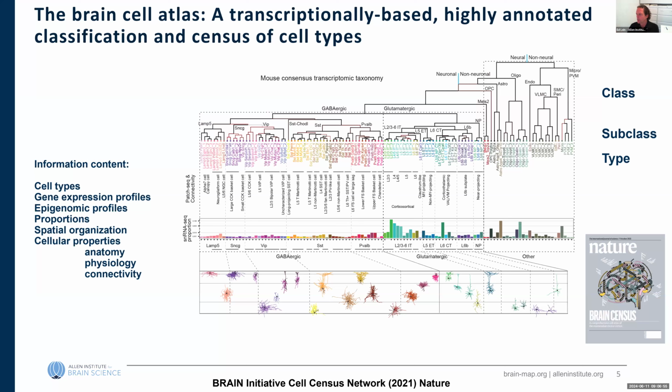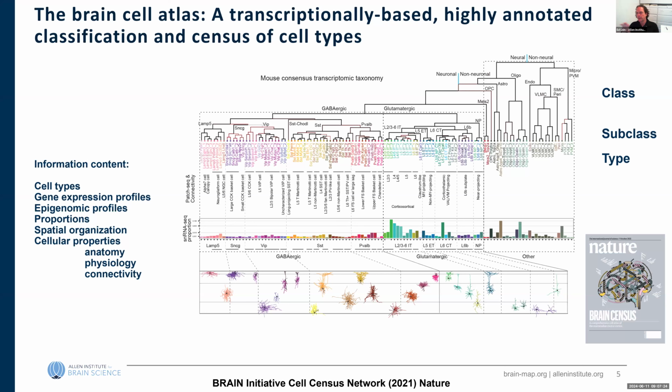In the primary motor cortex, for example, it was possible to define over 100 types of cells that could be described as a hierarchy from high-level classes to an intermediate level of subclasses and finer types of cells, where we can get both the types of cells, the genes that they use, the state of their chromatin in the nucleus, the relative proportions of the cells, the spatial organization of these cells, and an increasingly rich understanding of the characteristics of these cells.